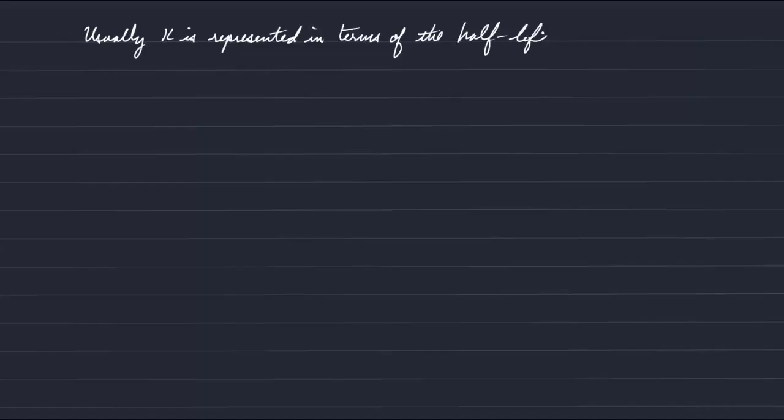The slight detail is that usually k is expressed in terms of half-lives. We'll use capital T for the half-life, and it's the time for half the material to decay.